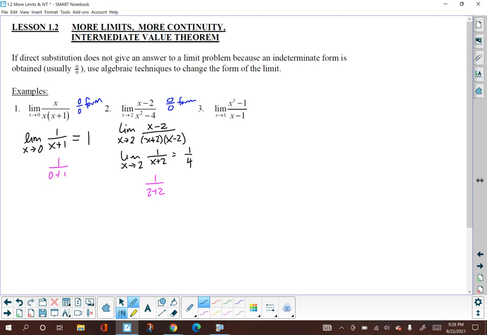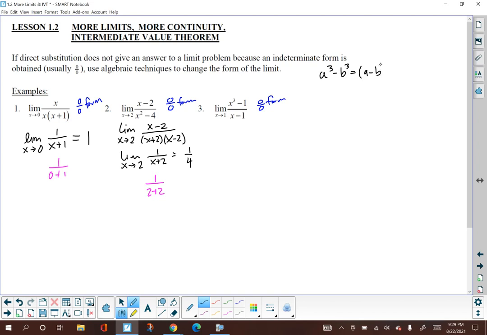Okay, on the last one, you might be looking at that numerator and thinking to yourself, can we factor that? For starters, if we do sub in a 1 here, we do get that 0 over 0 form. So we do want to try to factor it. You might remember, and you might not remember, the difference of cubes pattern for factoring.